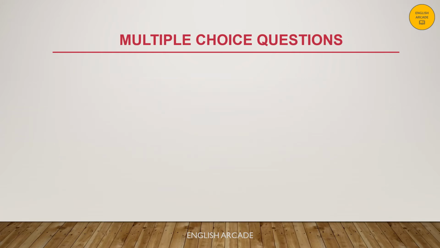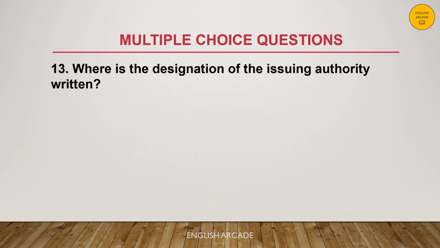Question 13. Where is the designation of the issuing authority written? So who is the issuing authority? The issuing authority is the person who issues the notice. So who is the person to be contacted in case of a notice?